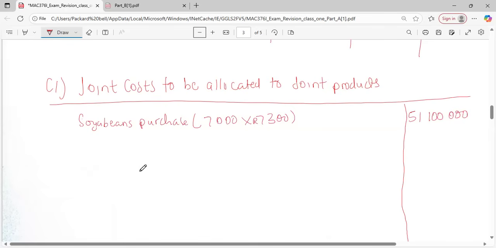Right? Then we say we also have delivery. It's also part of the joint cost. They say it's 160 per ton.